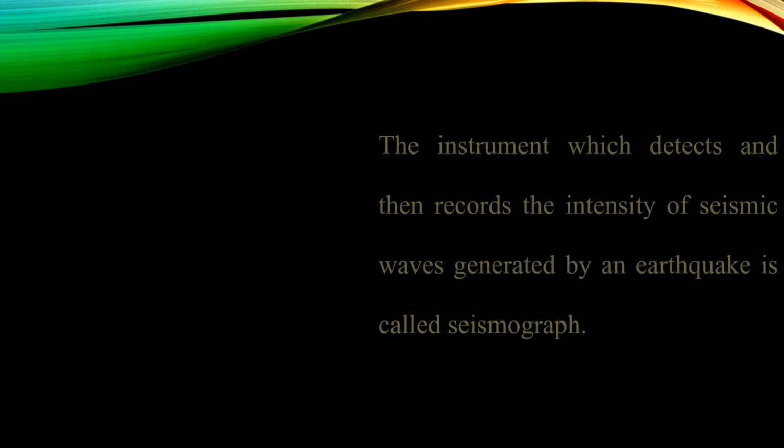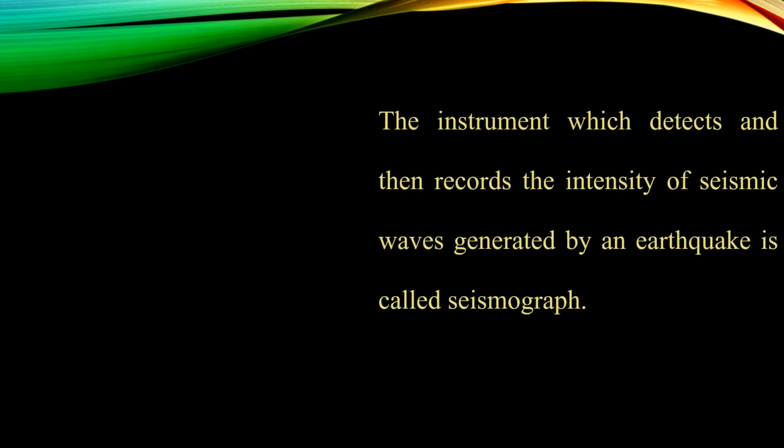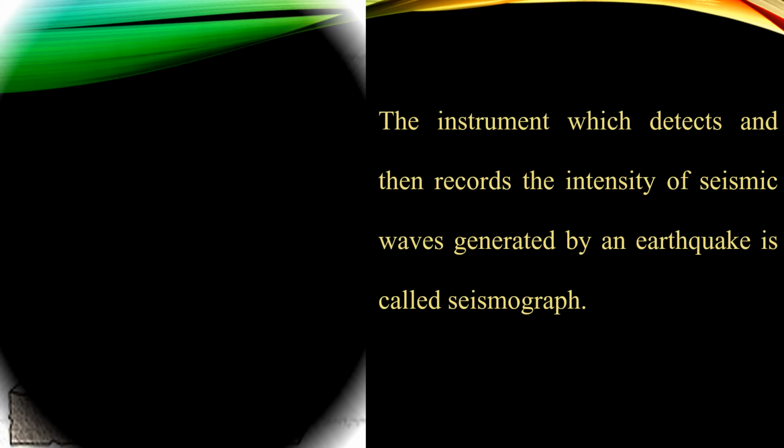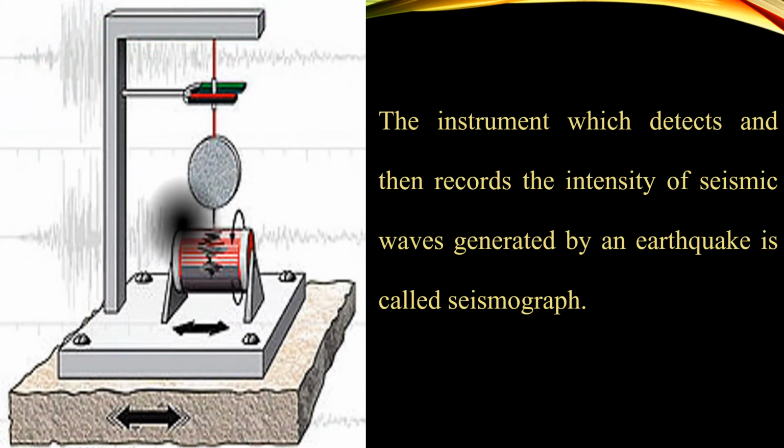The instrument which detects and then records the intensity of seismic waves generated by an earthquake is called seismograph. It consists of a ball suspended with a string. This ball has a pen attached to it and the tip of the pen touches a sheet of paper placed on a fixed base.